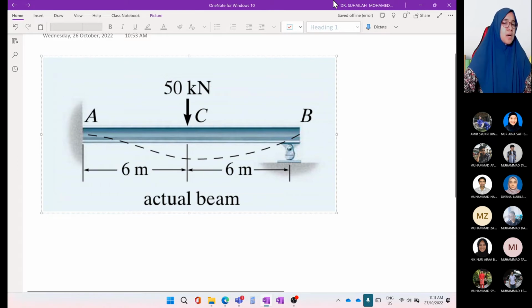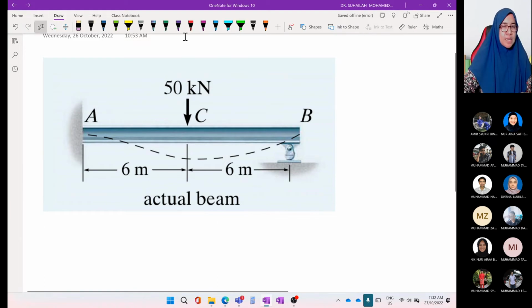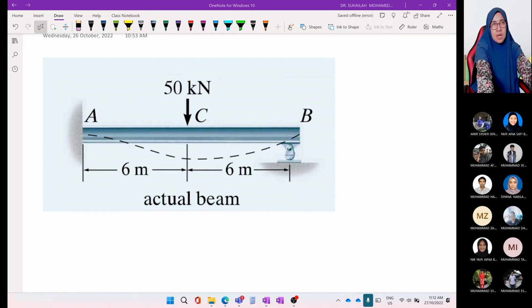So remember flexibility method. We use the flexibility method whenever the 3 equilibrium equations are not enough to solve for the unknown reactions. That is where the flexibility method takes place.